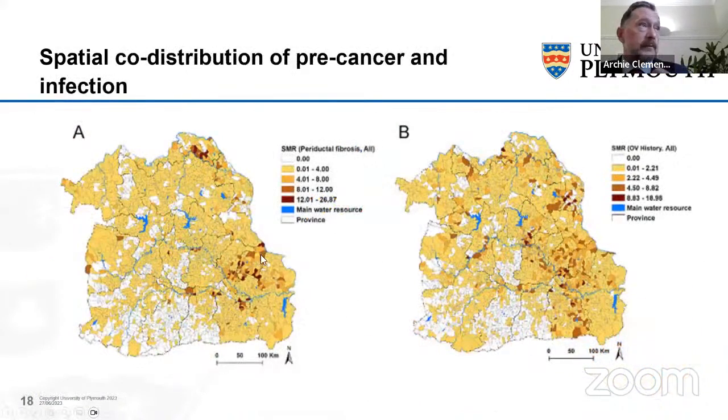We also did some research looking at the spatial co-distribution of periductal fibrosis, which is diagnosed using ultrasound, and infection, and we show that there is a significant overlap in the spatial distribution of the chronic liver changes that are precursors to cancer and the infection.